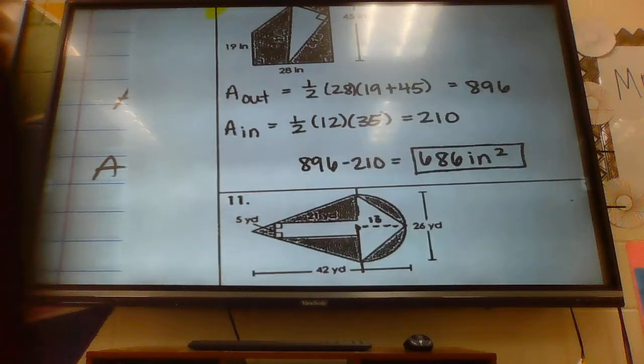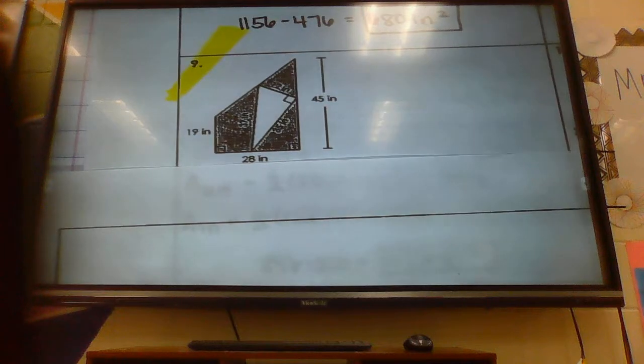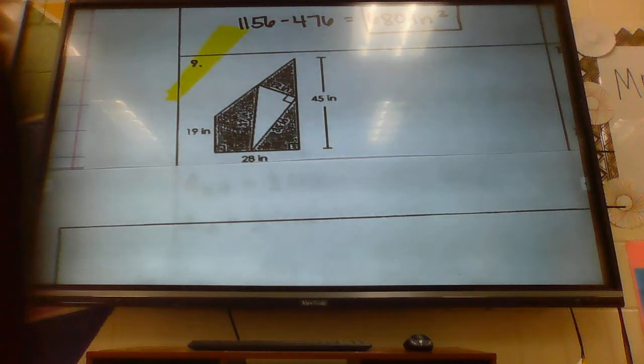Okay, here's our last one that we're gonna do for our notes, right here. Draw it just like this. So you have area of a trapezoid and you have area of a triangle, right?